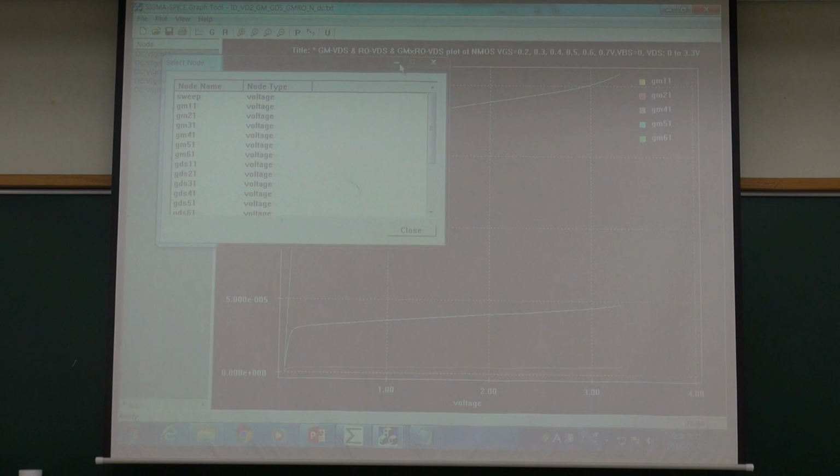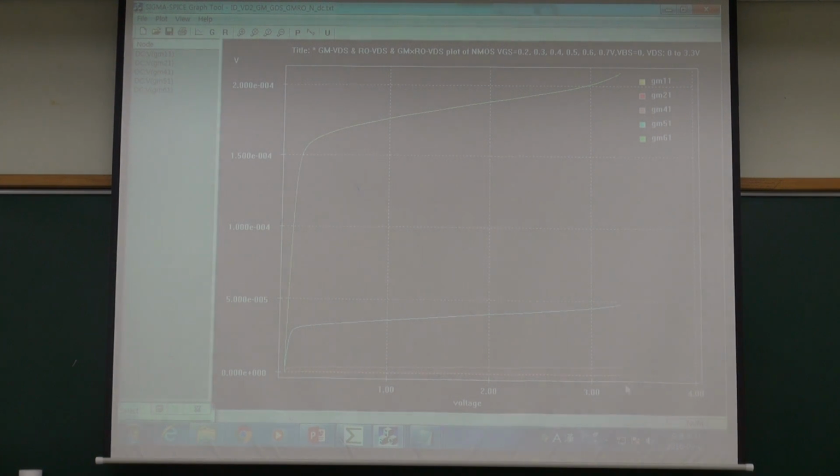This one is drain source voltage. Sorry, this is GM itself, and this is GM for VGS equal 0.7 volt, 0.6 volt, 0.5 volt, 0.4 volt, or something like that. Okay, that's my GM. Question?